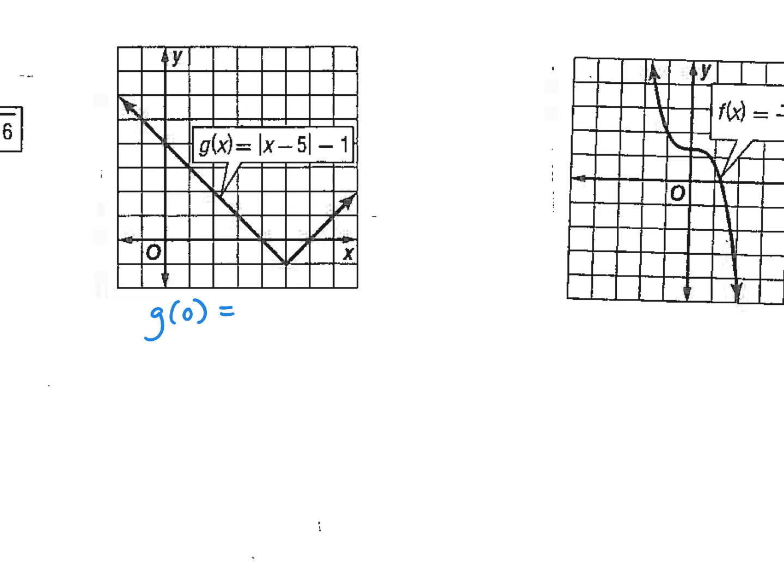Mark out and solve, right? And do the last one also.